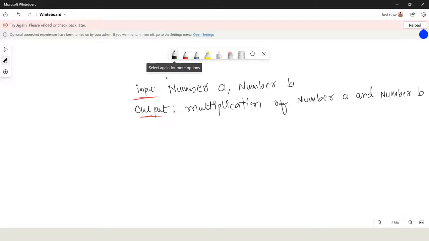Then you have to write the steps, right? As you know, the very first step of any algorithm is start. The second step, what should be my second step?